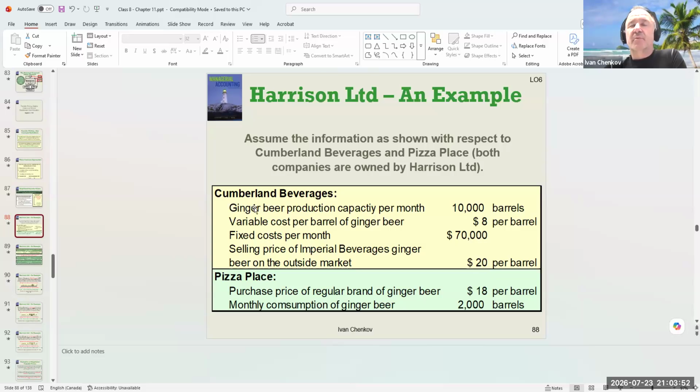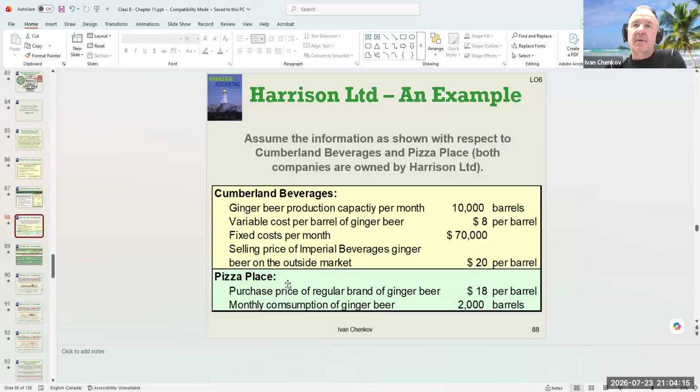The capacity of production is 10,000 barrels. The variable cost per barrel is $8. This division sells the ginger beer outside for $20 per barrel.